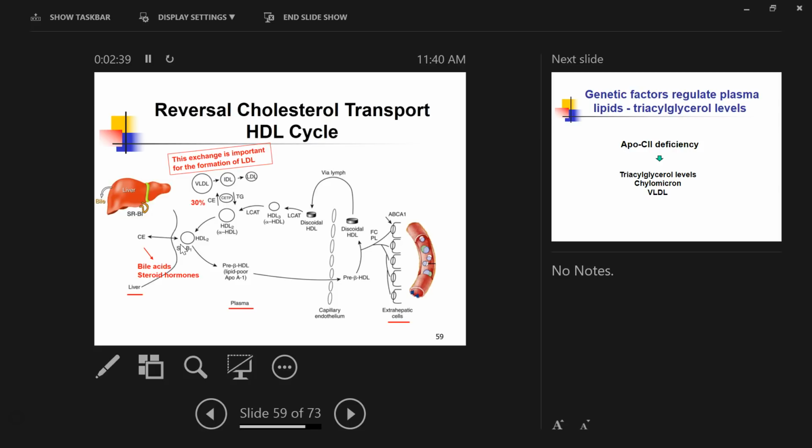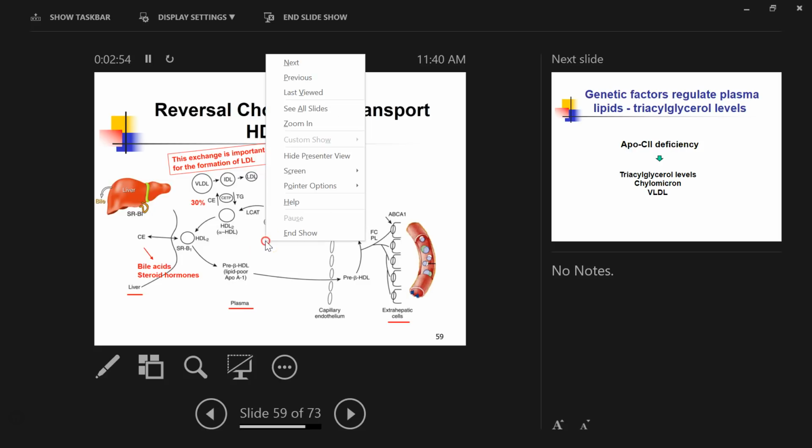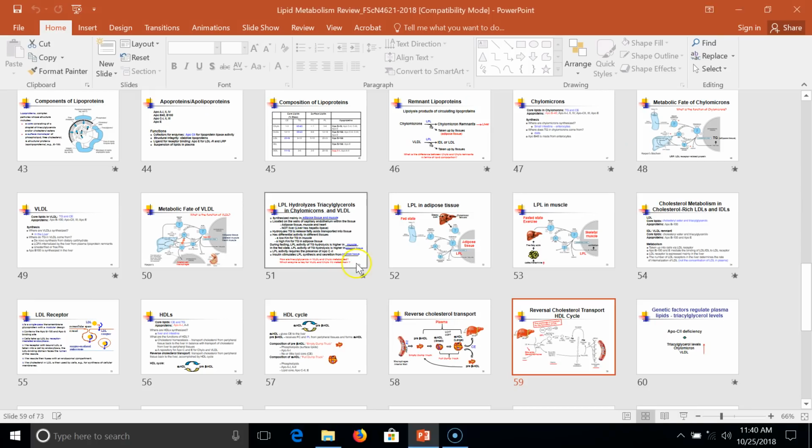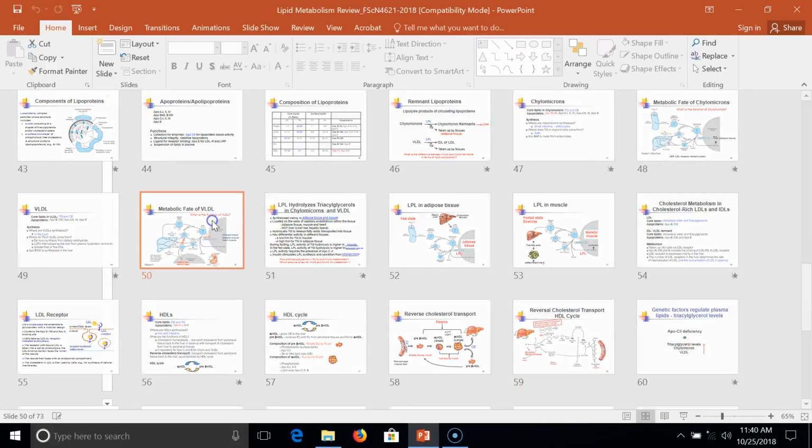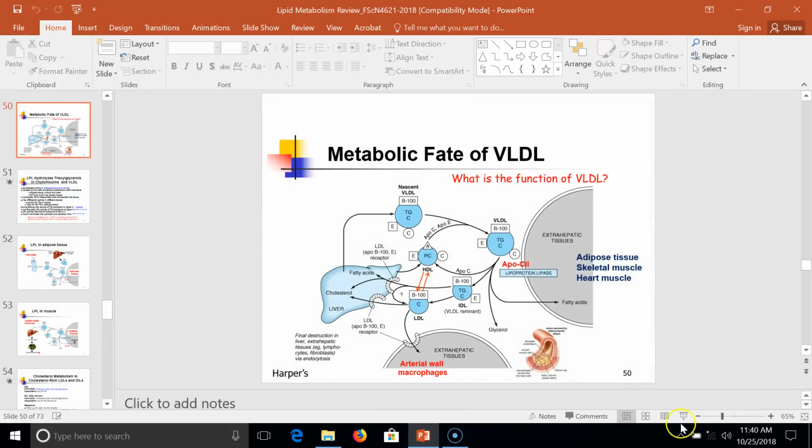Okay, so 59 will describe the process of making VLDL in the liver. I guess you probably want to go back to this slide, right?